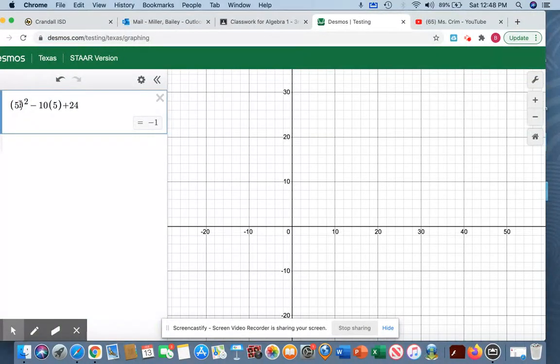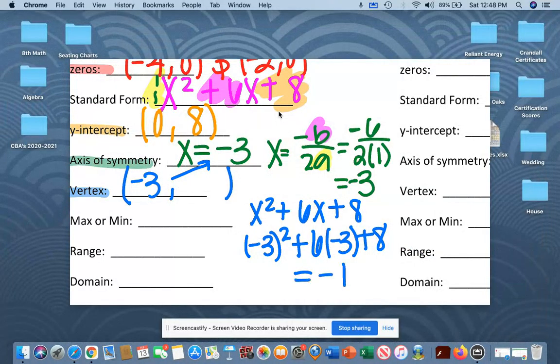And this time I've got negative 3 squared plus 6 times negative 3 plus 8. And I get negative 1. So that is where my y value comes in.